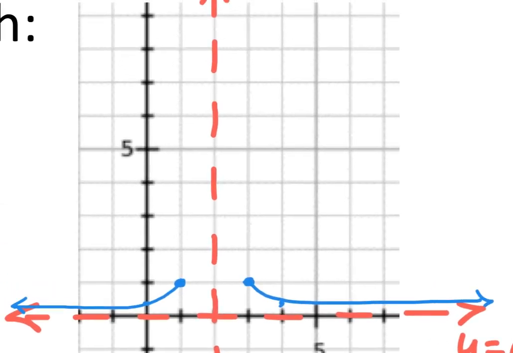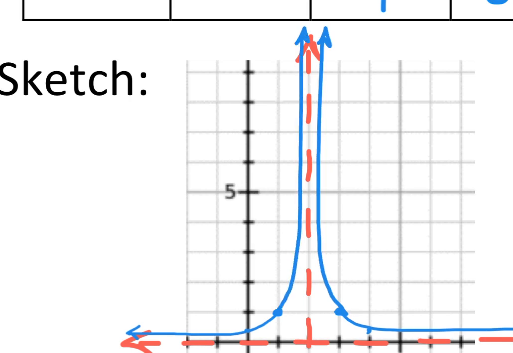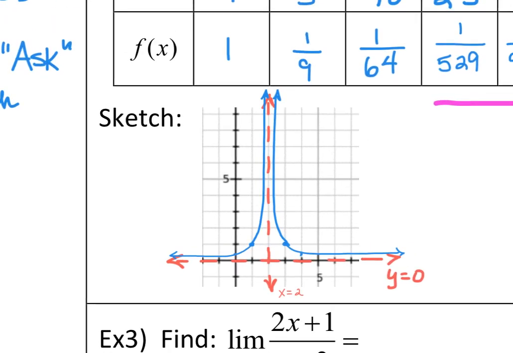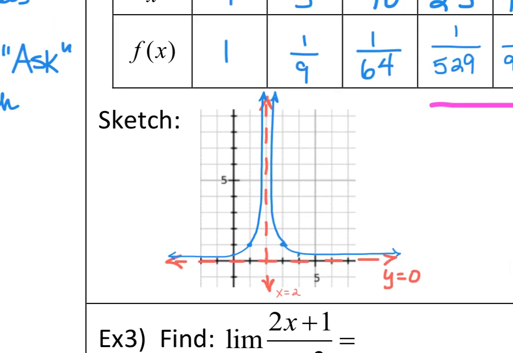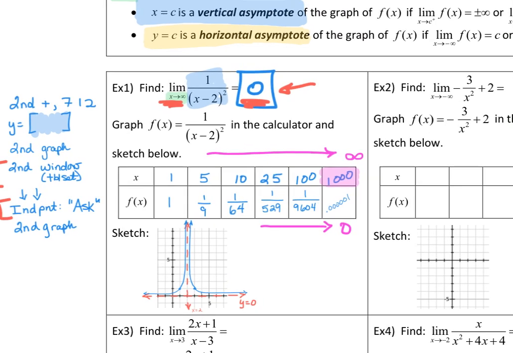And then the graph approaches the vertical asymptote like this. And you can see that in the graph screen on your calculator. And there you have a very rough sketch of the graph of that function.